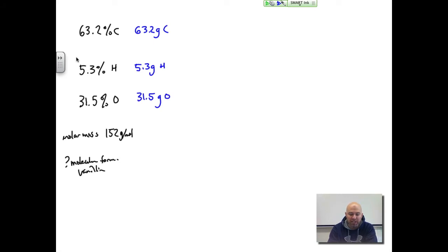Once I have my grams, I convert to moles. X line, X line, X line: grams to moles, with 1, 1, 1. Notice again, I didn't even think about numbers until then, and now I look to the periodic table. Carbon is 12, hydrogen is 1, oxygen is 16.